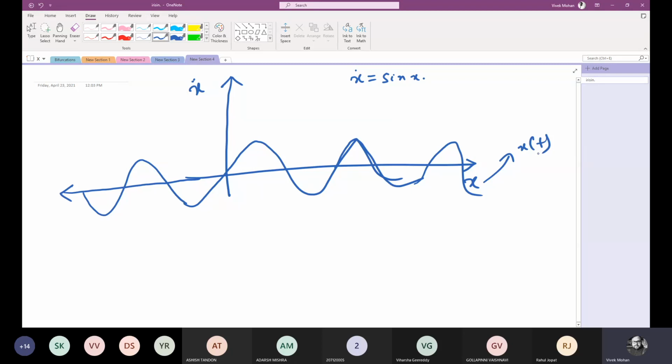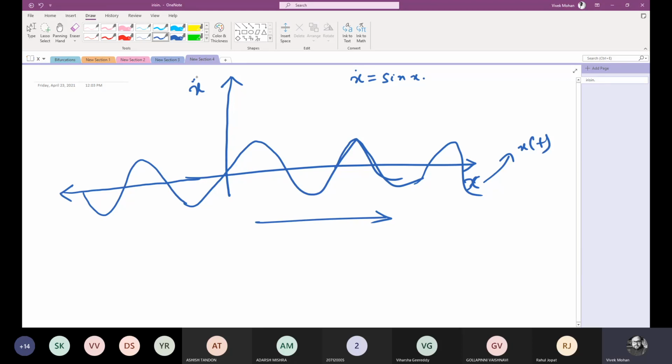Okay, x is actually x of t. Now, when time runs or when time lapses, what happens is x is, say, x is the position of an imaginary particle moving along the real line. This is x. X is the position of the particle which is moving through the real axis or the horizontal axis.